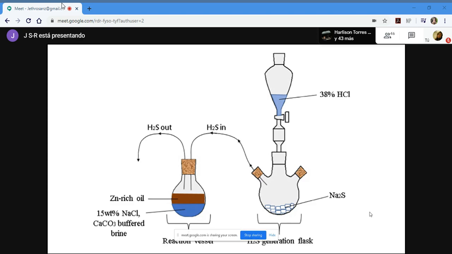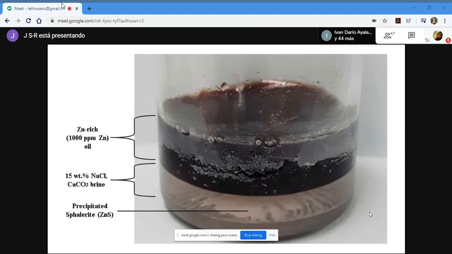And we purged the system with hydrogen sulfide gas to ensure a hydrogen sulfide atmosphere inside of the reaction vessel. This is a close-up picture of the reaction vessel. After 5 minutes of leaving the oil and the brine mixture exposed to hydrogen sulfide gas, we saw little white crystals start to precipitate out of the interface between the oil and the brine.